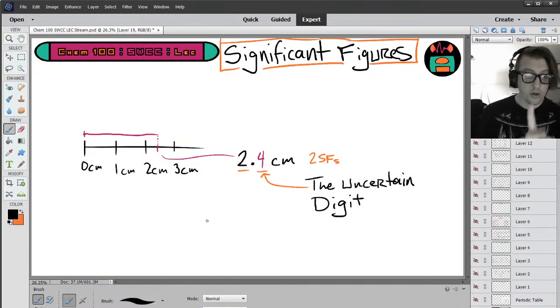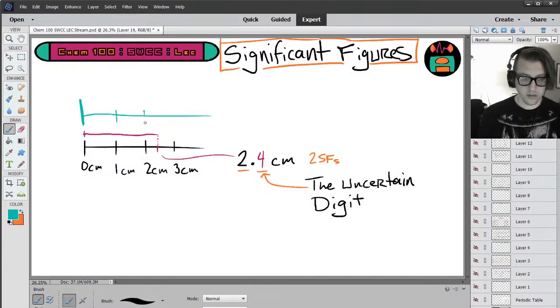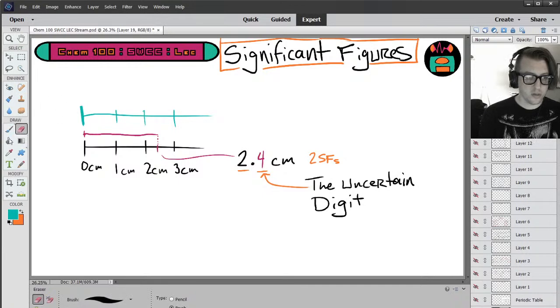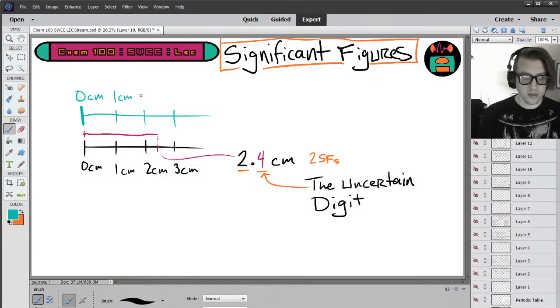Let's compare this measurement with this ruler to a measurement taken with a different ruler. A ruler that I'm going to draw in green. A ruler that has a greater precision. So 1 centimeter, 2 centimeters, 3 centimeters.